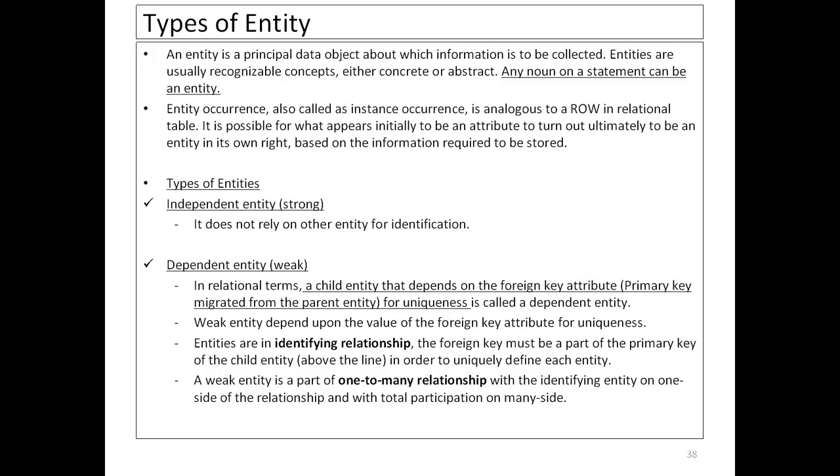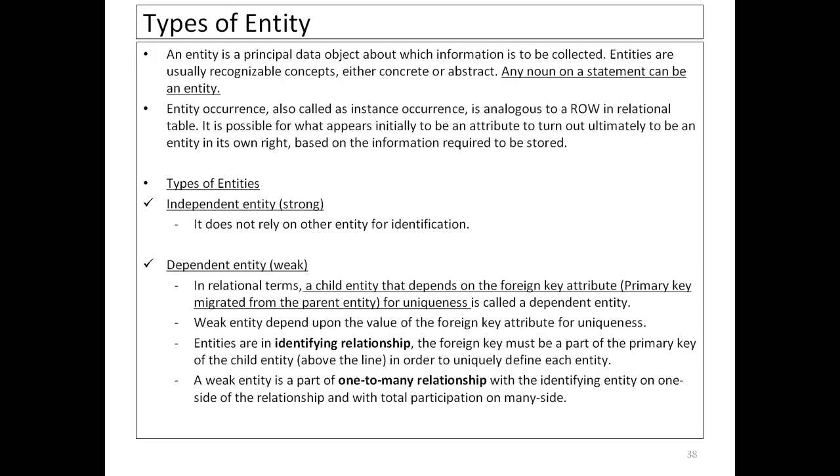A dependent entity, in relational terms, is a child table that depends on the foreign key attribute, that is the primary key which is migrated from the parent entity, for uniqueness. So a weak entity depends upon the value of the foreign key attribute for its uniqueness.